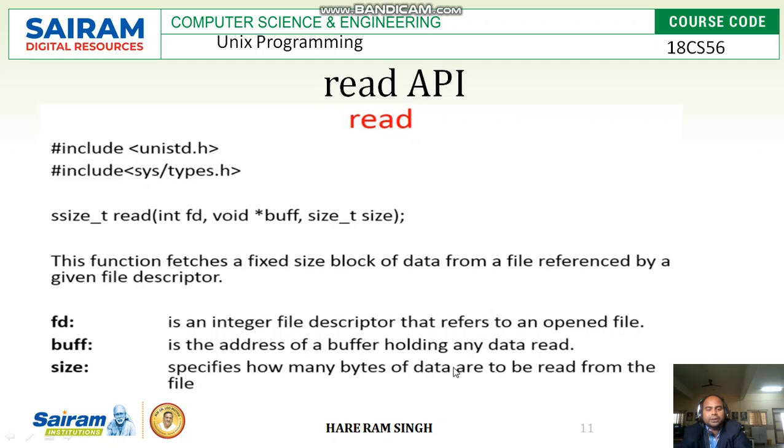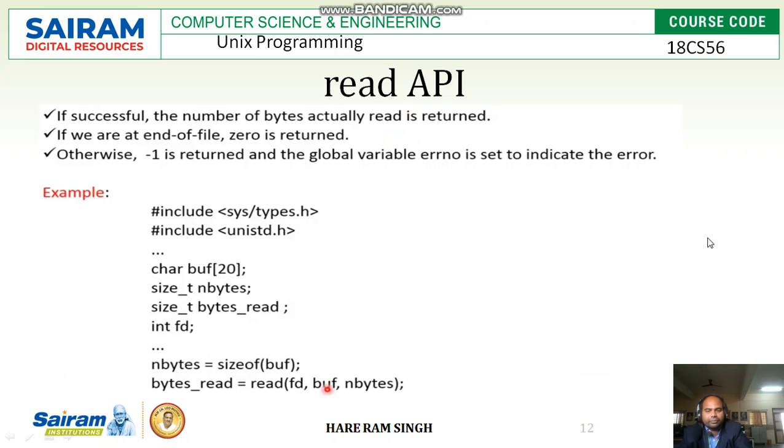So size specifies how many bytes of data are to be read from the file. Hope all the three arguments are clear. fd is an integer value which represents the file, *buff holds the address from where the data need to be read, and size_t size represents how many bytes need to be read.